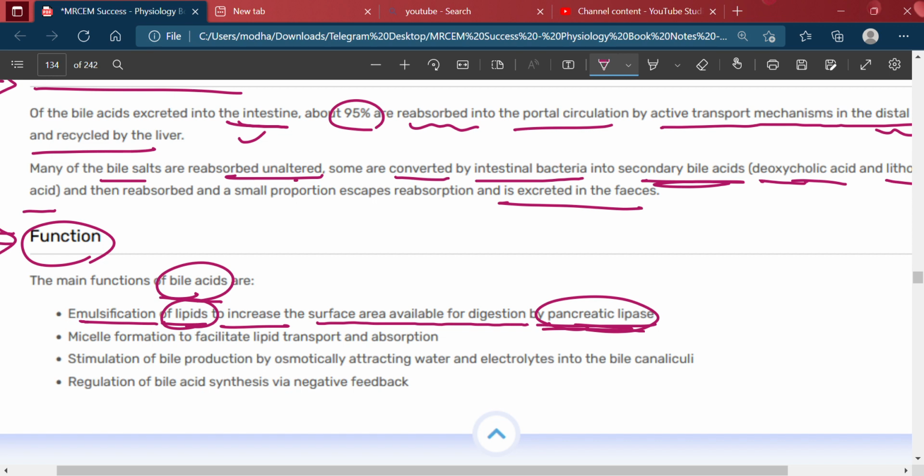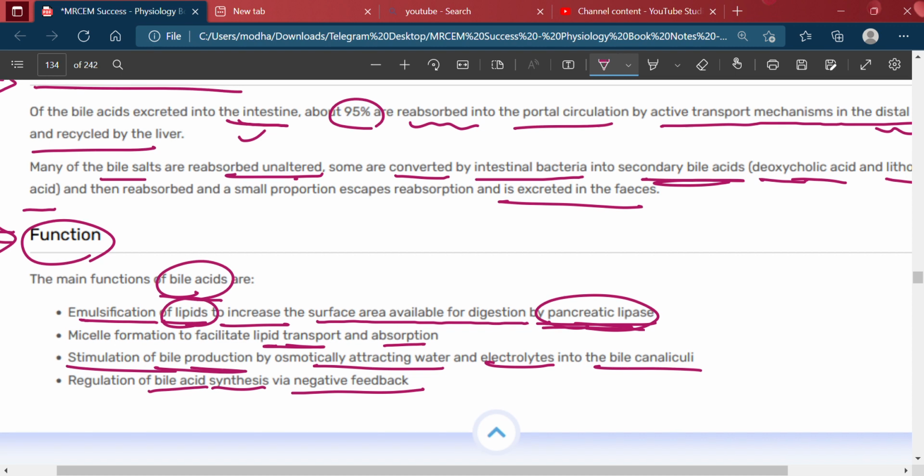Then stimulation of bile production by osmotically attracting water and electrolytes into the bile canaliculi, and the regulation of bile acid synthesis via negative feedback.